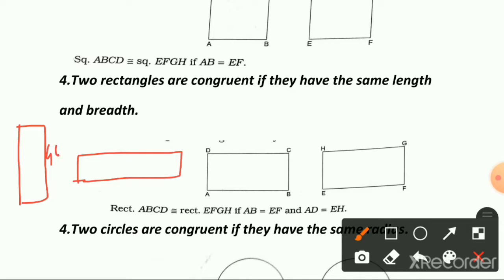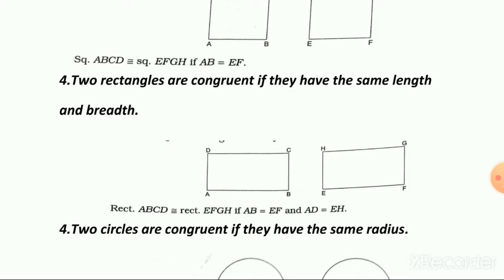Like if it is 4 centimeter, this length is also 4 centimeter, this is 2 centimeter, and this is also 2 centimeter. So don't panic that they are not congruent. They are congruent because if we rotate one and place it over the other, they will completely coincide, because their length and breadth are the same.